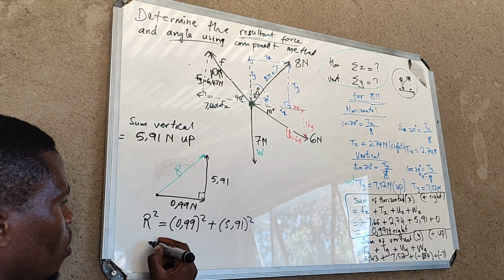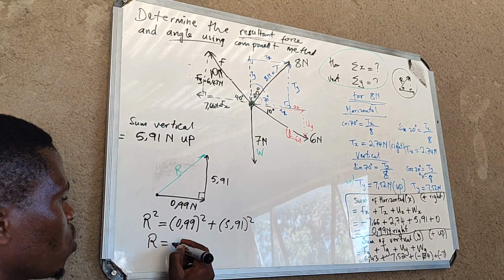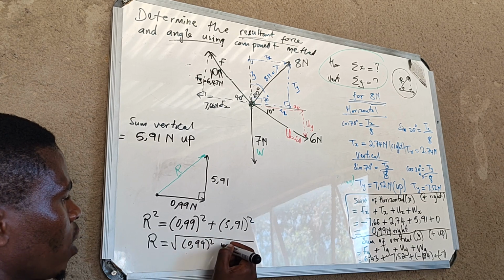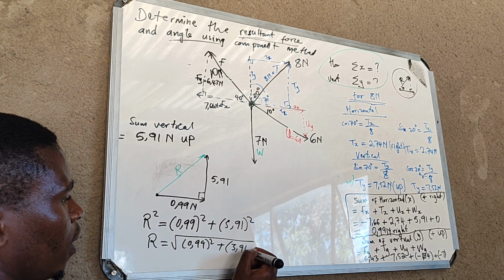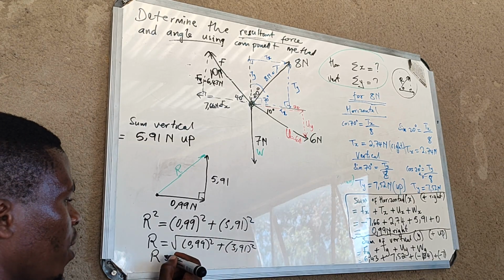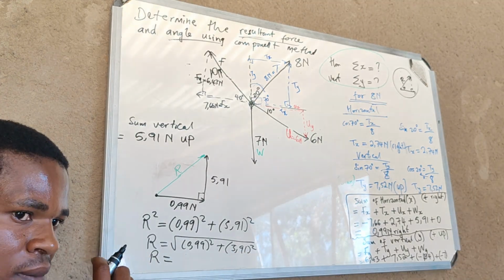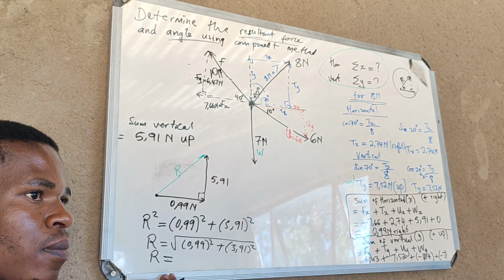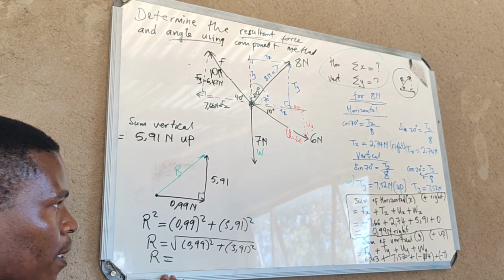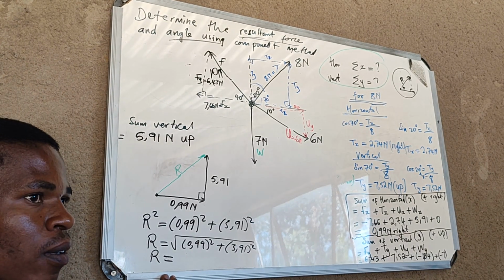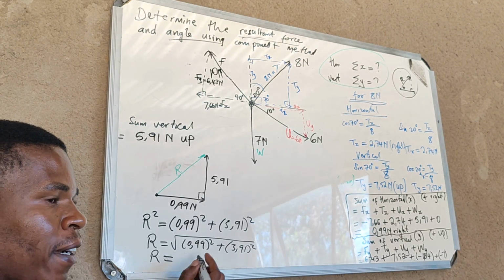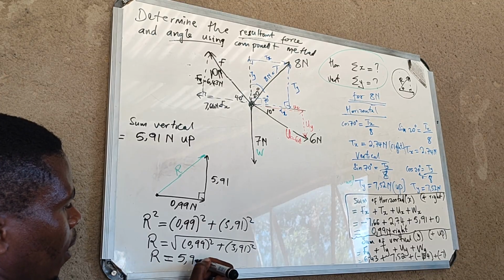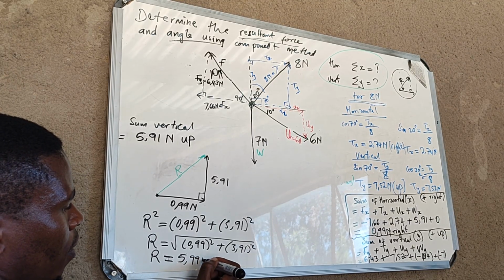So now you can just say R equals to the square root of 0,99 squared plus 5,91 all squared. So R equals to how much? Yeah? 5,99 newtons.